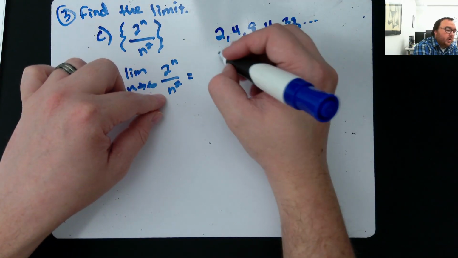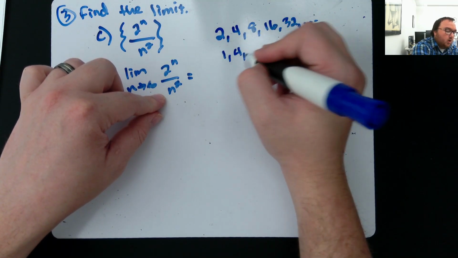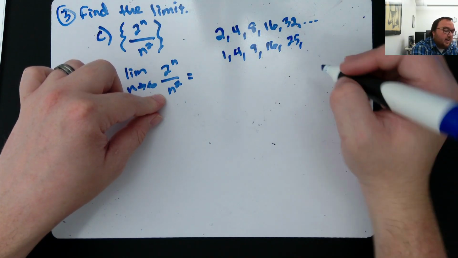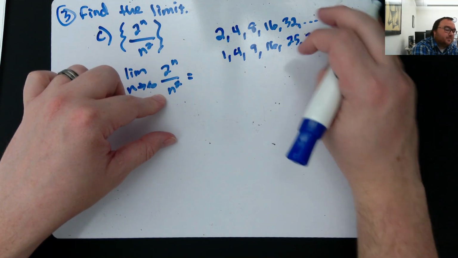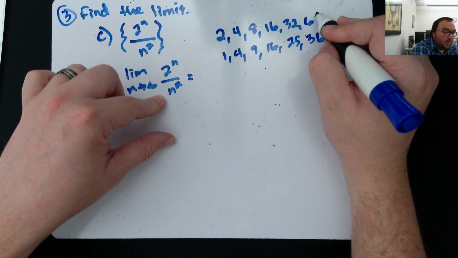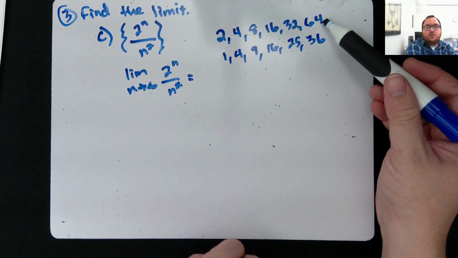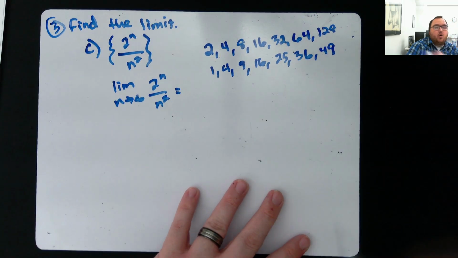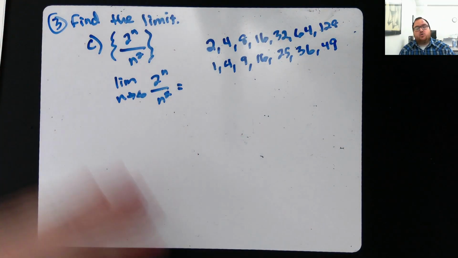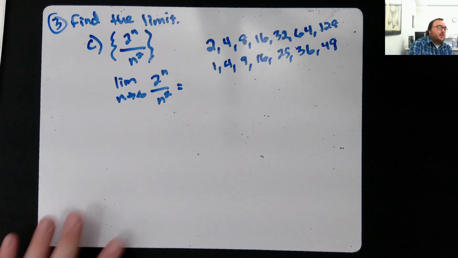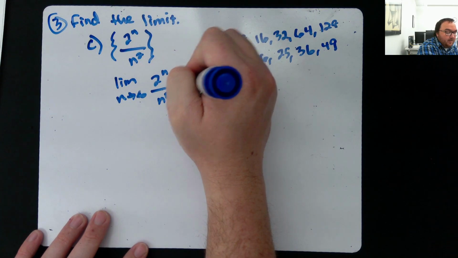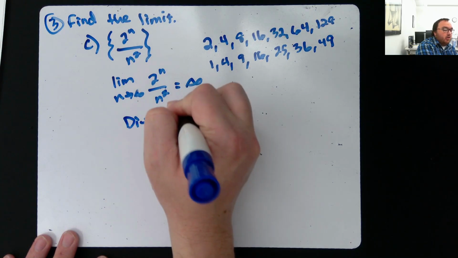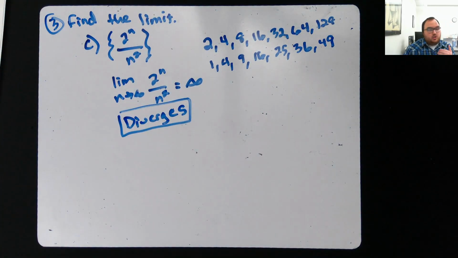For n squared, 1 squared is 1, 2 squared is 4, 3 squared is 9, 4 squared is 16, 5 squared is 25, and then 6 squared would be 36. Notice that the numerator is growing at a faster rate, right? Because then it'd be 128 over 49, on and on. So the numerator is growing at a faster rate, which means this is going to infinity. Therefore, this diverges. I didn't get a number there, so it's going to diverge.